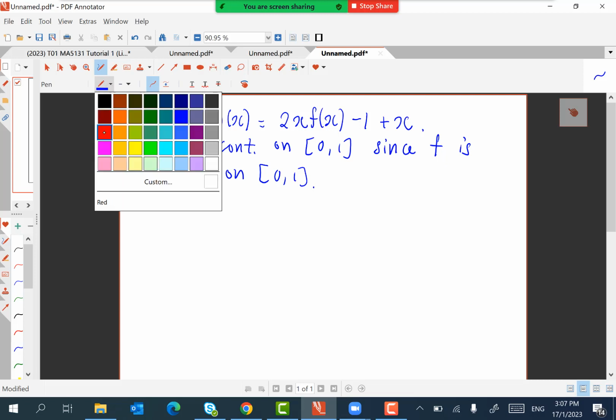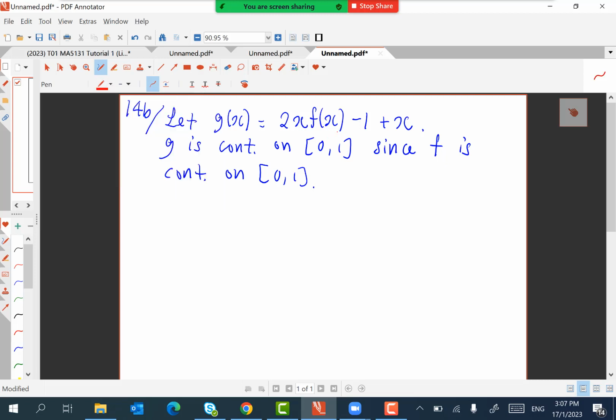If you want to be very elaborate, you can say that this is continuous and times a polynomial which is continuous, therefore this whole thing is continuous. Then minus 1 plus x is a polynomial, also continuous, so the sum is also continuous. You can elaborate a lot, but I think it's good enough to say that now, because the rest I just assume that you know. It was too much to write.